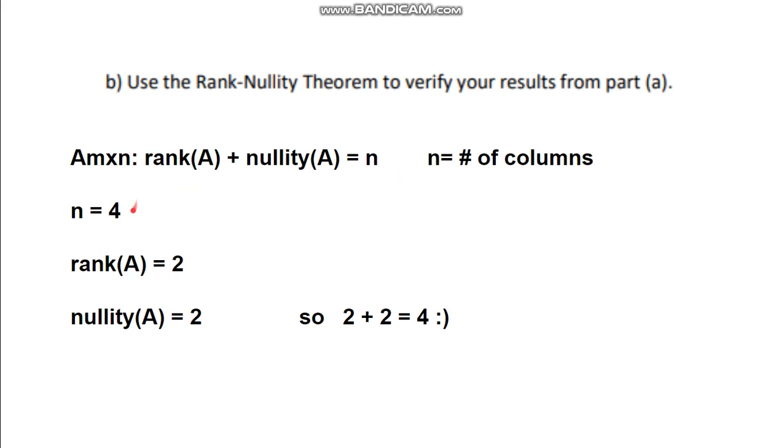So, right, we know we have 4 columns, and the rank of A we found is 2, and the dimension of the nullity was 2, and when we add these two together, it's 4. So it was proved.